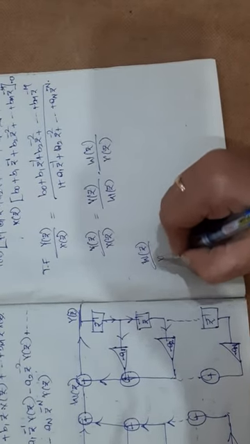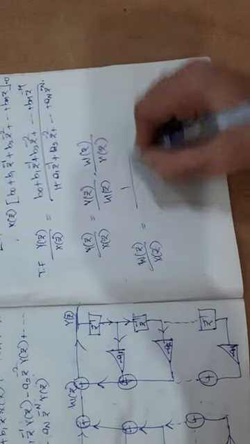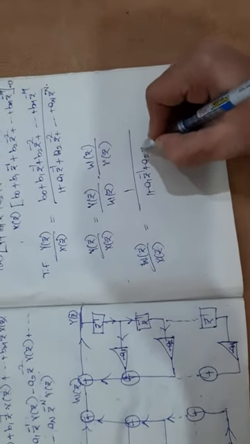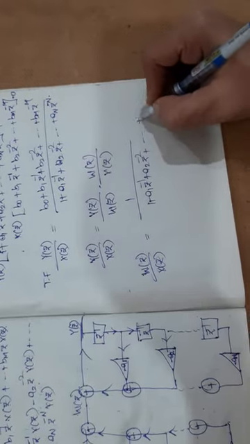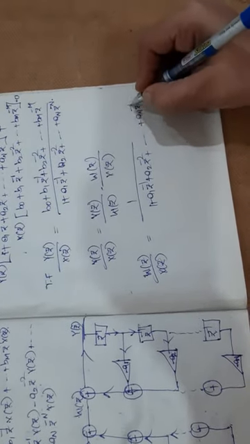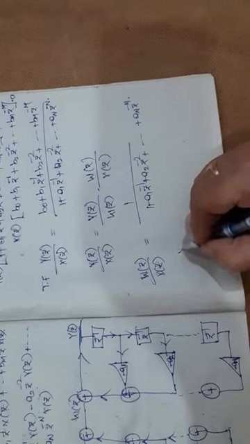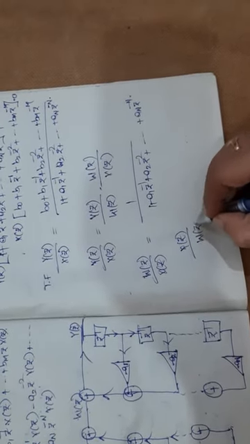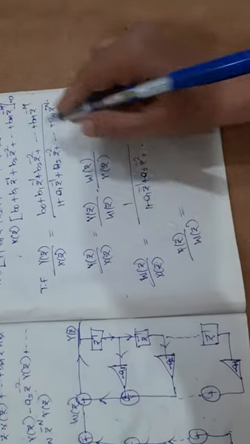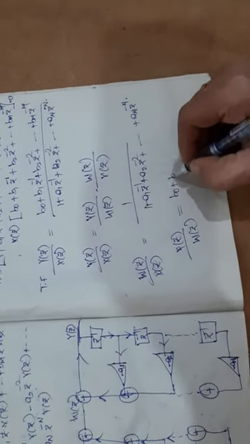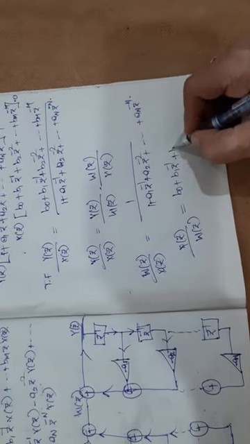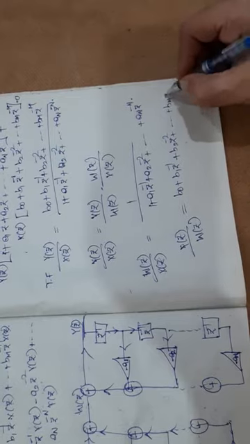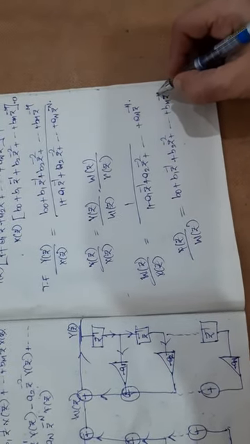So here W(z)/X(z) is nothing but 1 divided by (1 + a1 z^-1 + a2 z^-2 + ... + an z^-n). And what is Y(z)/W(z)? It is nothing but the numerator term b0 + b1 z^-1 + b2 z^-2 + ... + bm z^-m.